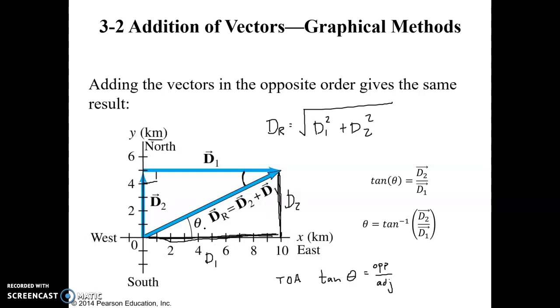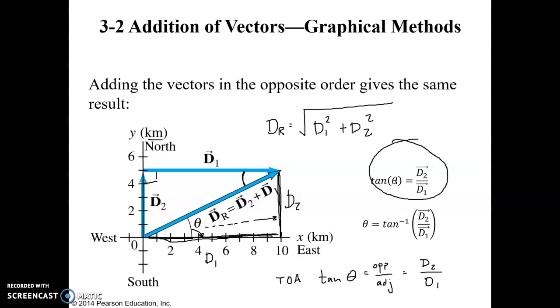Here's our angle. The opposite side from the angle is d2. And the adjacent side next to the angle is d1. So tangent of the angle is equal to d2 over d1. That's what it says right here.